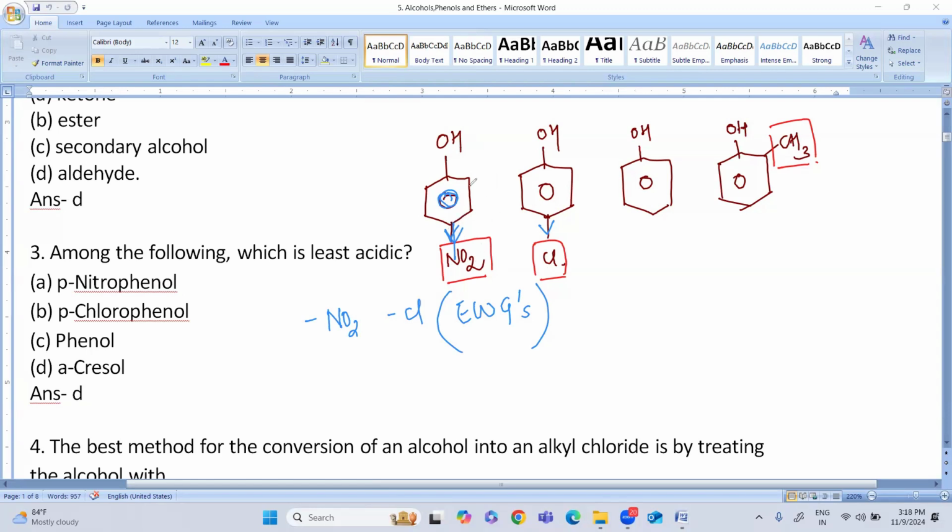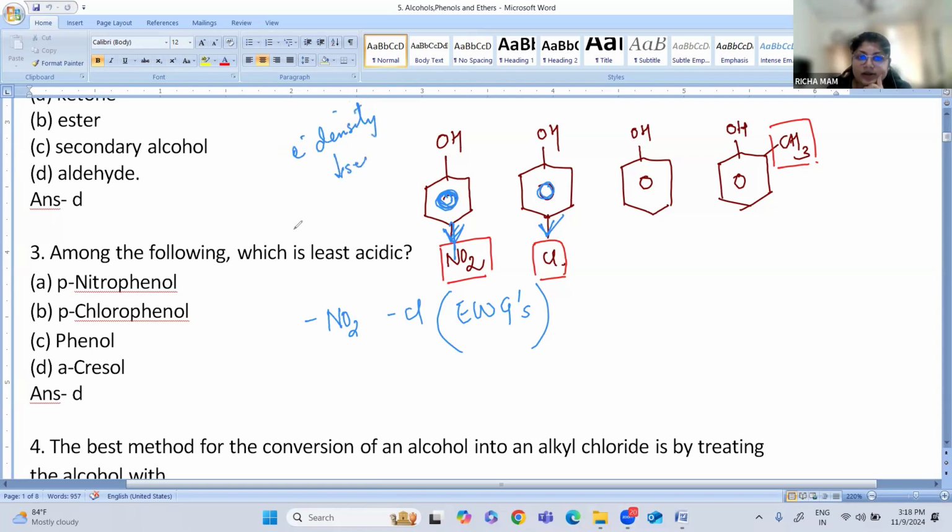Electron withdrawing groups decrease the electron density in the ring, because they are taking the electrons towards themselves. So the electron density decreases due to the presence of the electron withdrawing groups, nitro and chlorine.